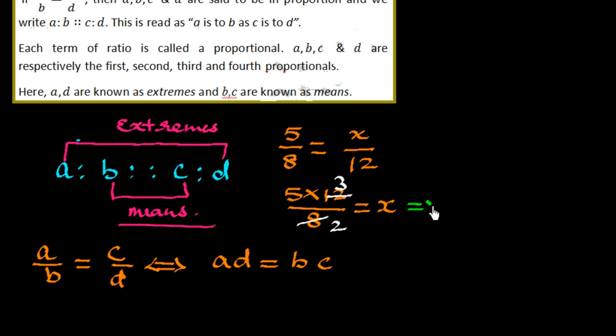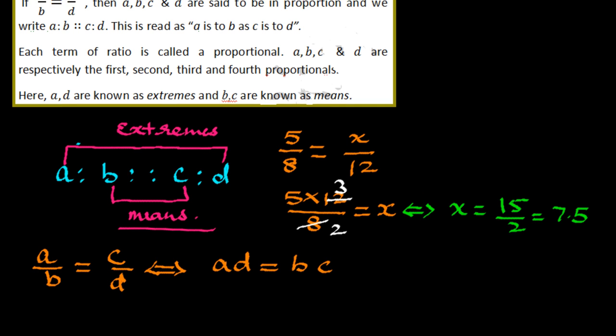Finally we get x is equal to 5 times 3 is 15 over 2, which is 7.5. So the value of x is 7.5. In this way we could find out the required proportional whenever asked in any sort of questions.